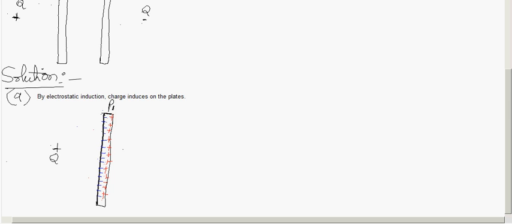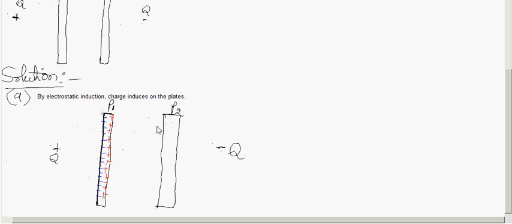Now what happens to P2? I will draw P2 a little wider so that I can mark plus and minus very clearly. So P2 is here. So we have charge minus Q. Because this is minus, all the positive charges are attracted towards it.